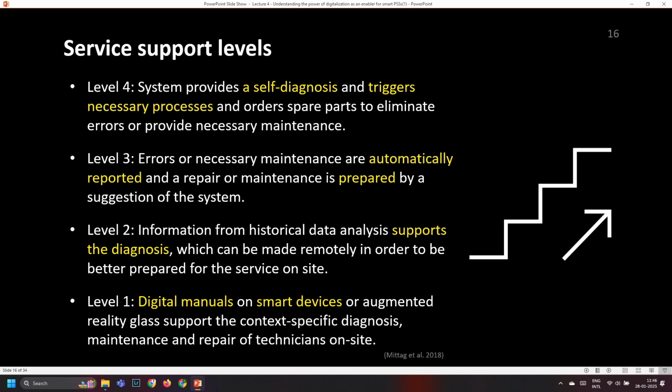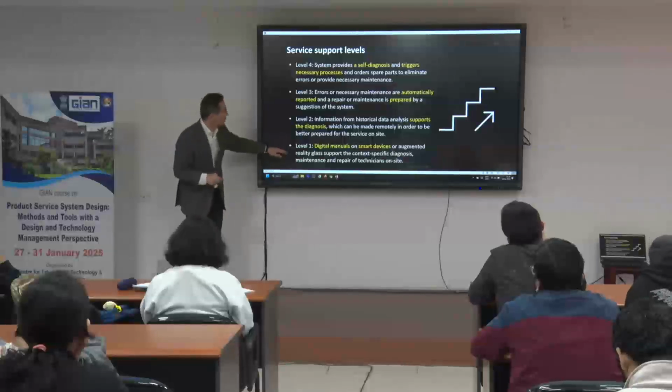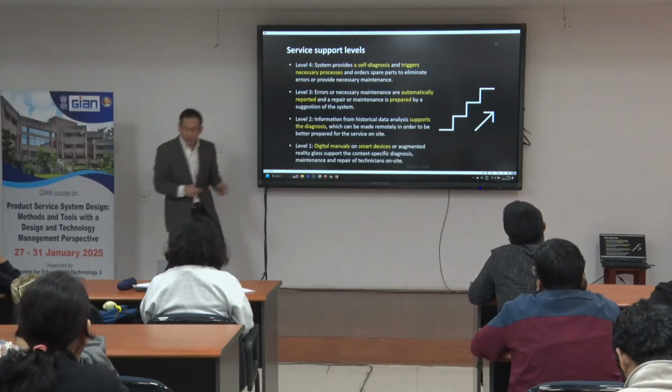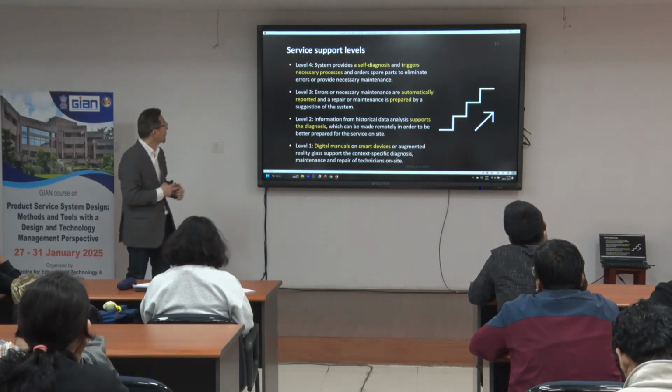This is taken from a publication by others saying that there are different levels when support services are provided, and typically a company gradually implements such support. In this case the company can start at level 1 and gradually climb up the ladder.